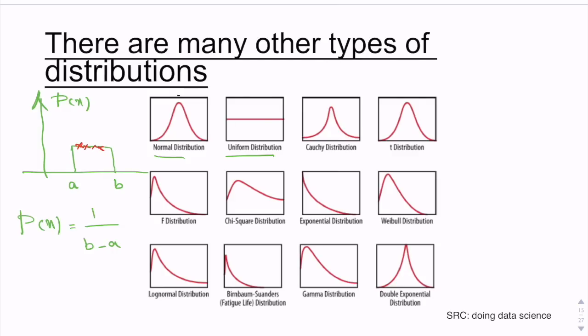Also, we have some other distributions like the F distribution, chi-square distribution, and exponential distribution. Note that the exponential, chi-square and F distributions are positive distributions. They are not defined for negative values. So if you have some data whose values are only positive numbers, you can use the exponential distribution.